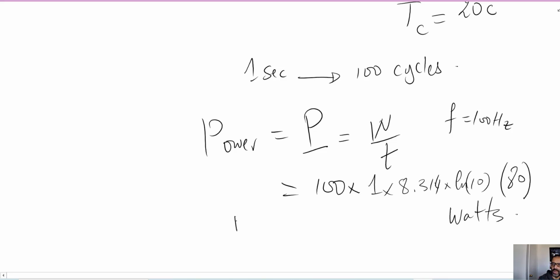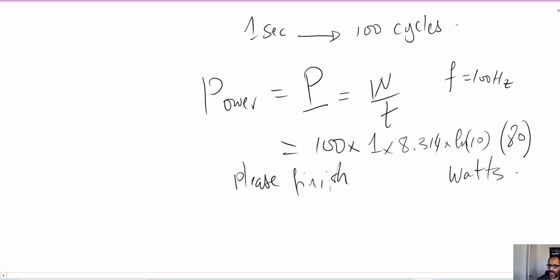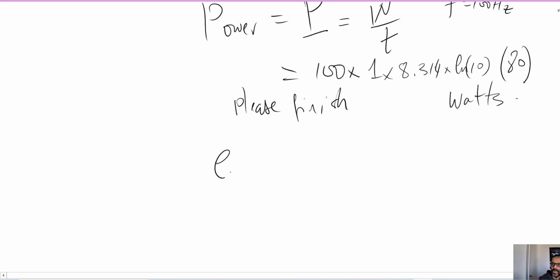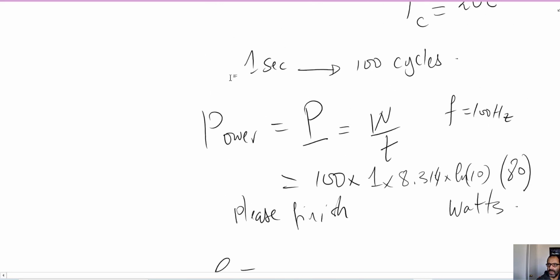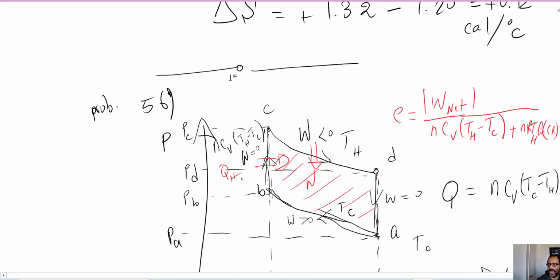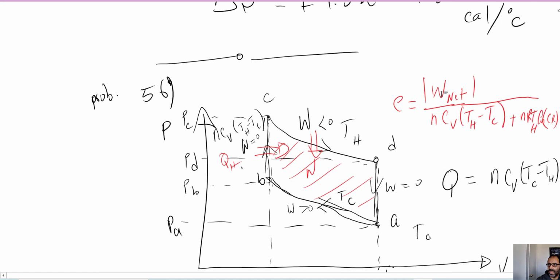Please finish this one. That's another question of the day. Furthermore, now you should be able to find the efficiency of this engine, E. You have the formula for it. I just wrote it in red, I believe. So you have the W net. You know what CV is for a monoatomic gas because it's helium. Your number of moles is 1. The difference in temperature is 80. So you have the expression in here.